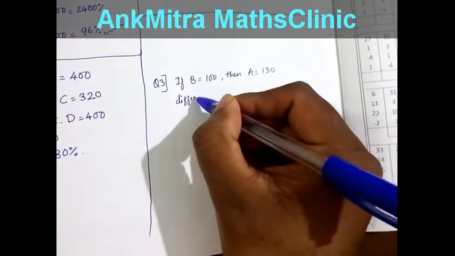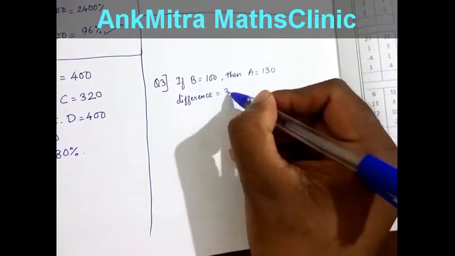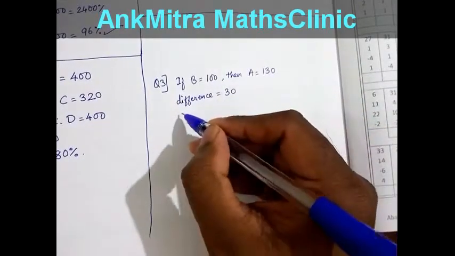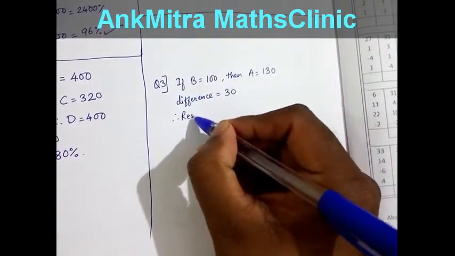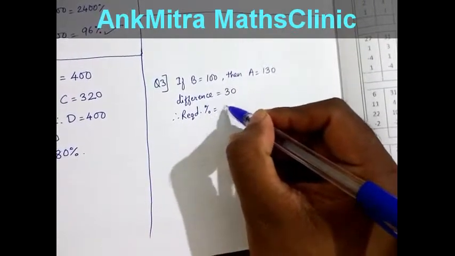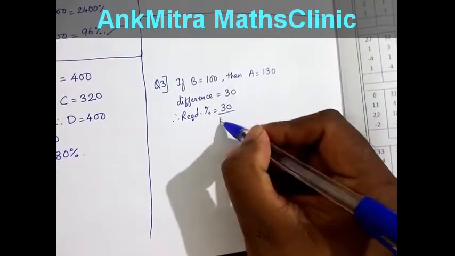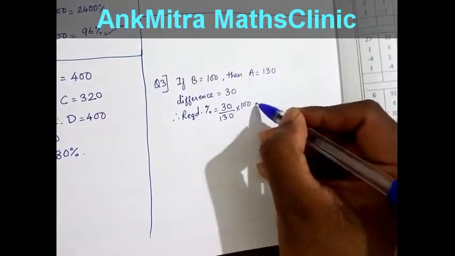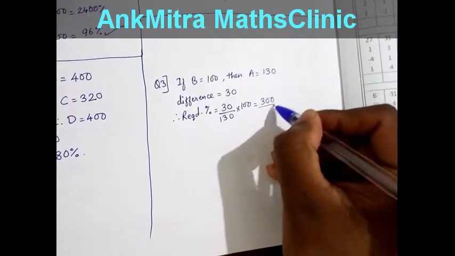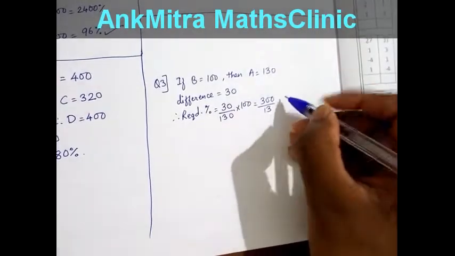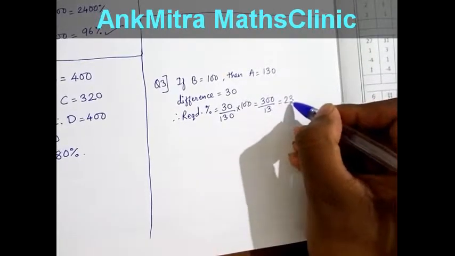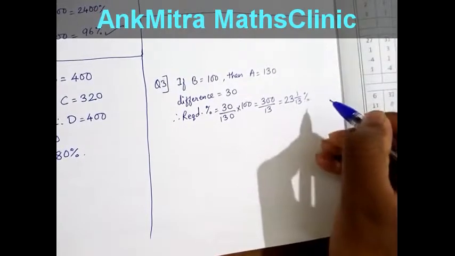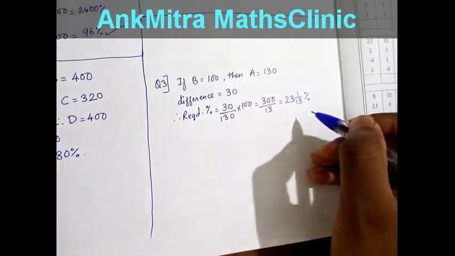Difference is 30, and this difference will now be compared with A's salary to find the required percentage. Therefore, required percentage is equal to 30 upon 130 multiplied by 100. Simplifying this, we get 300 upon 13 percentage, which comes to 23 integer 1 upon 13%. This is the required answer.